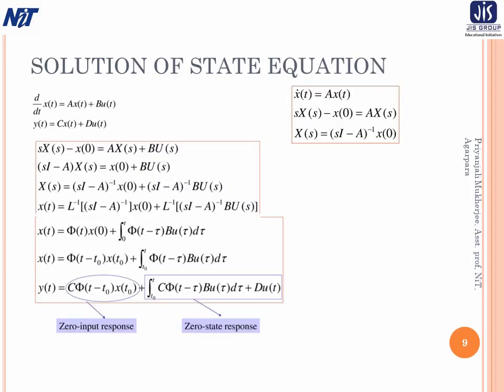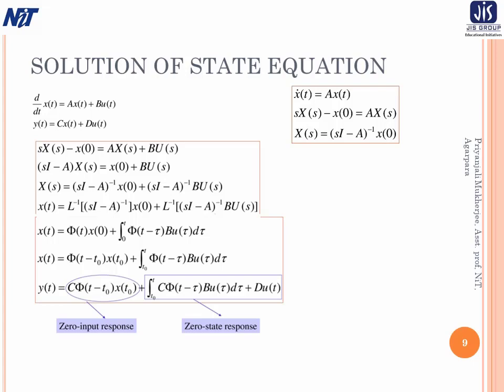Next is the homogeneous equation solution. So if we consider the state equations, then x dot t or dx(t)/dt equal to Ax(t) plus Bu(t), whereas y(t) equal to Cx(t) plus Du(t). So now the system becomes homogeneous when the u(t) part is 0. So we can write x dot t is equal to A into x(t).